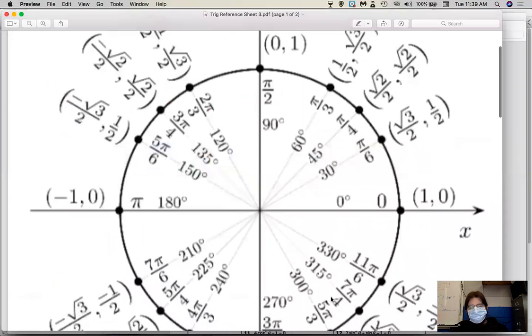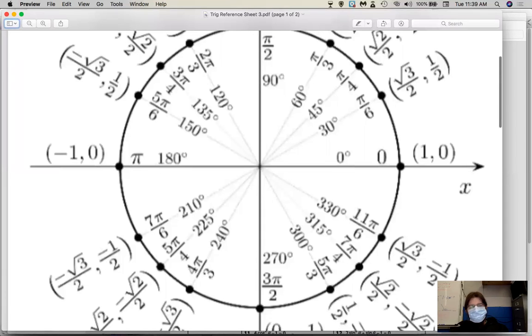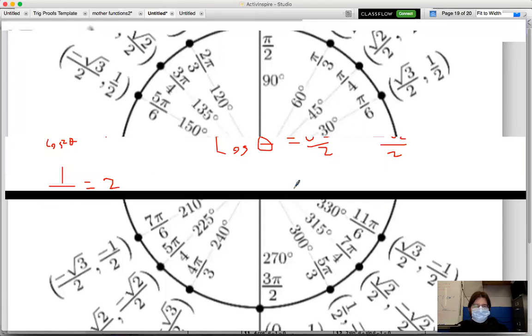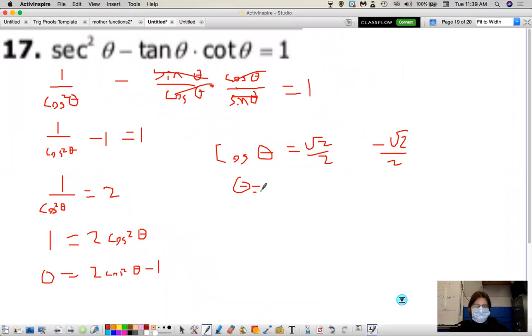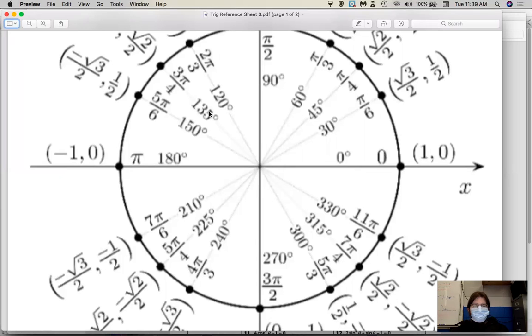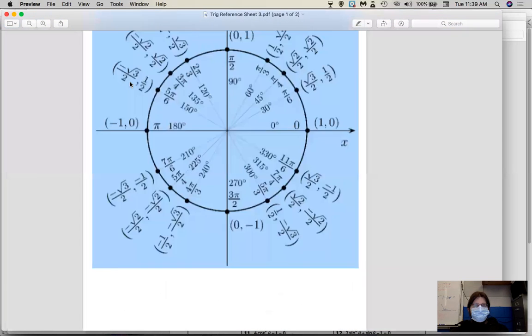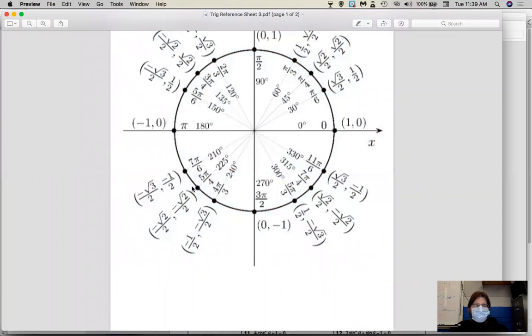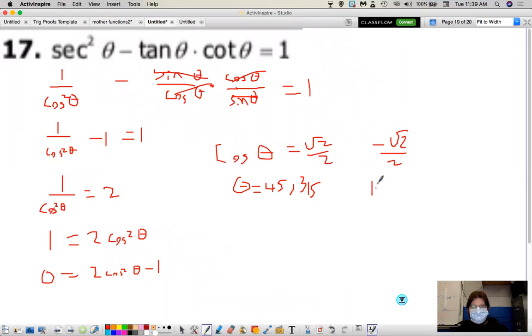Yeah, 45 and 315. Negative at 135 and 225. Now this one, if you check them all, they'll all work out. Yay.